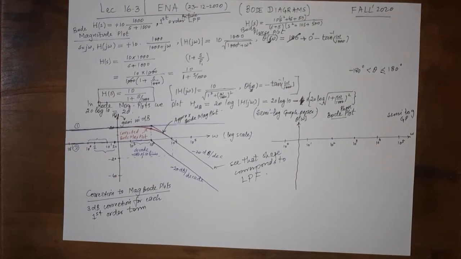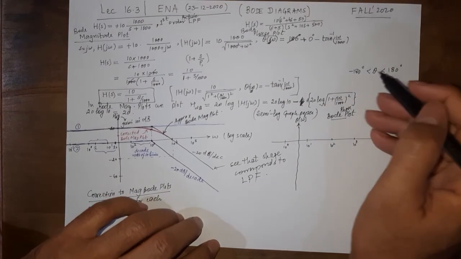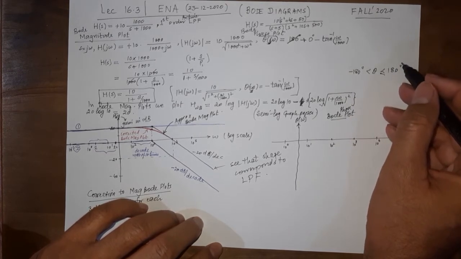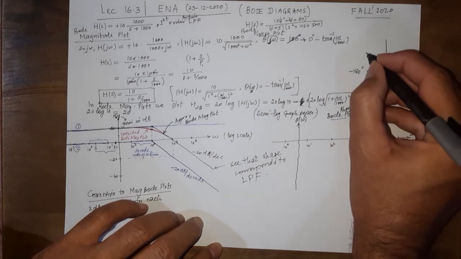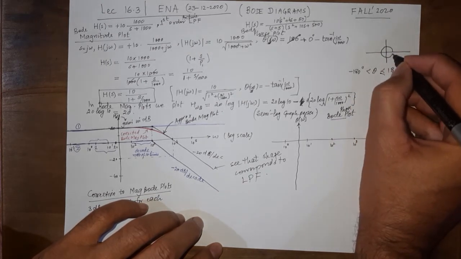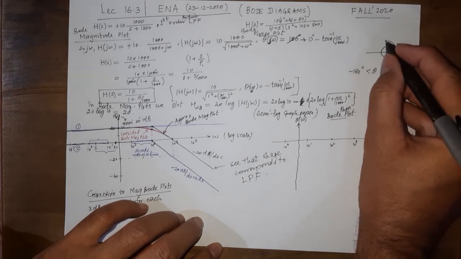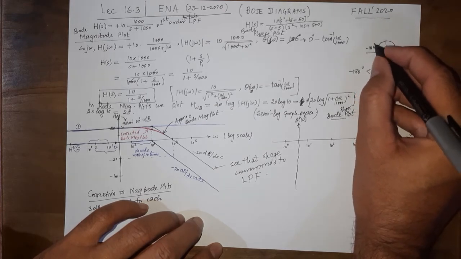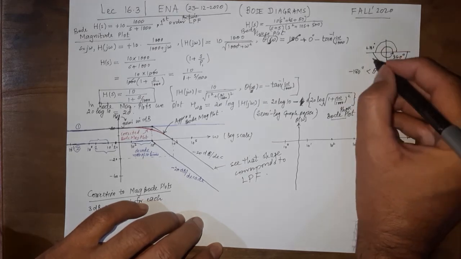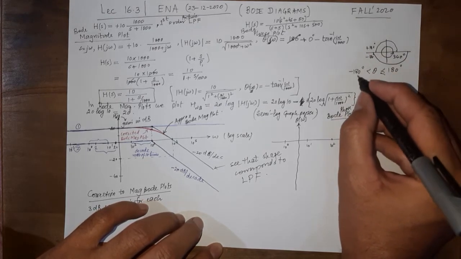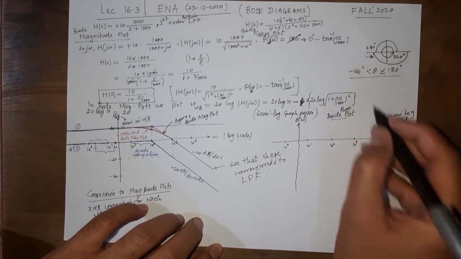So when a phase angle is smaller than -180 degrees, we try to show it as a positive number, and when it is larger than positive 180, then we represent it by a negative number, because we know that angles in a full circle are 360 degrees. So 0 degrees and 360 degrees is the same thing. However, plus 180 degrees and minus 180 degrees is the same thing. So basically this value and this value are the same values. So that is why this range covers the whole phase angles.